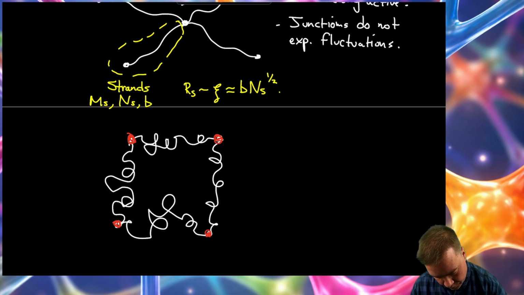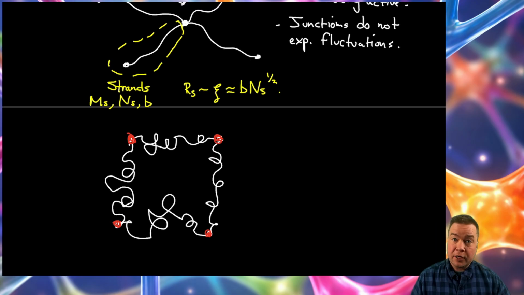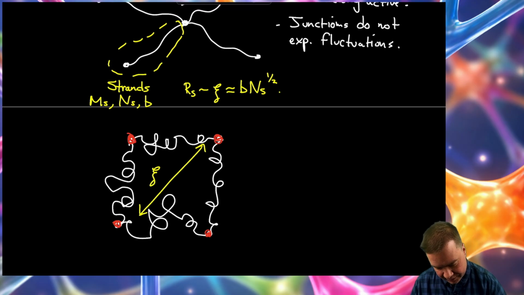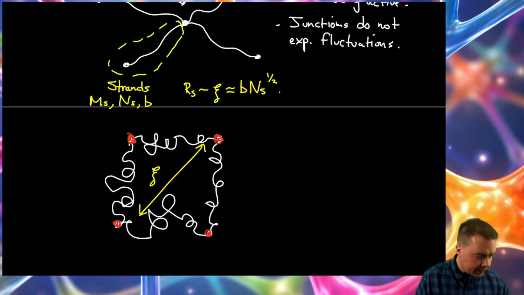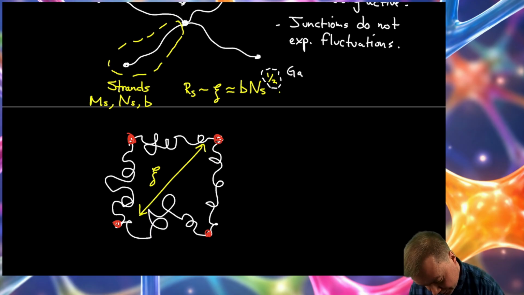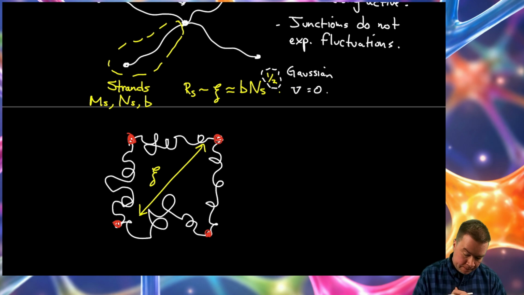And so what I'm calling the mesh size of the network is maybe something like that. And you can see that it looks like it's close to the size of the strand. And so that's where we're starting. And remember that this right here is because they're Gaussian, or in other words, the excluded volume is equal to 0. Okay, so that's our starting point.